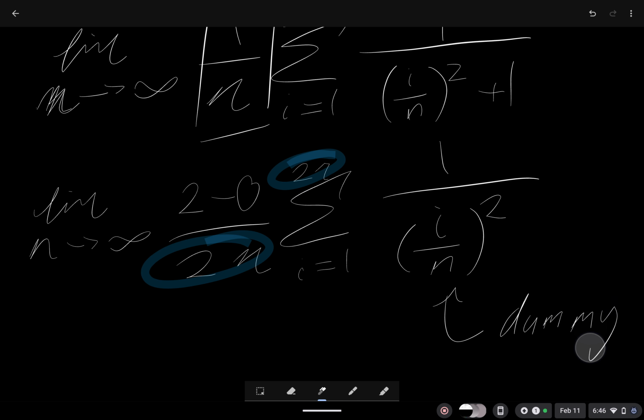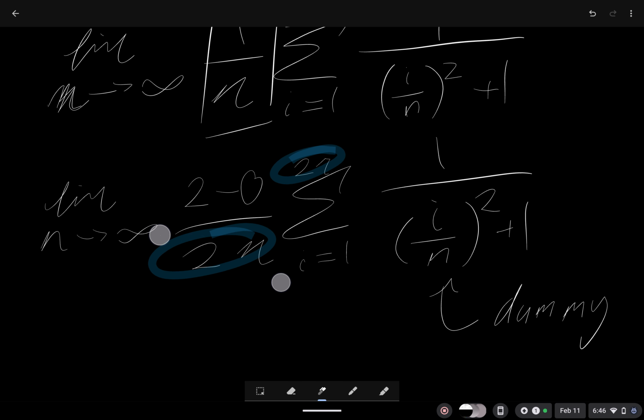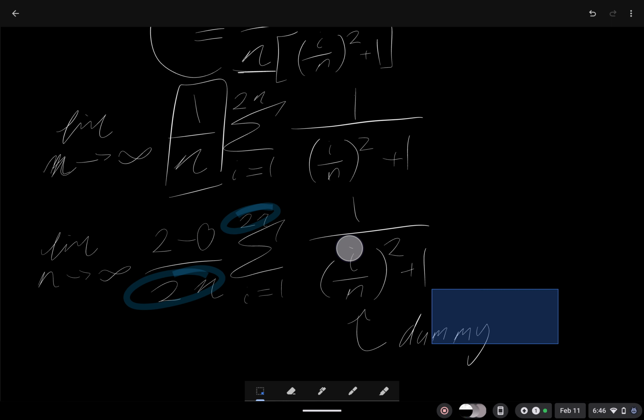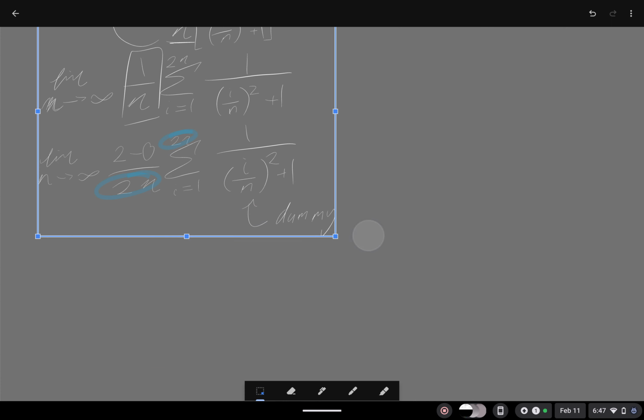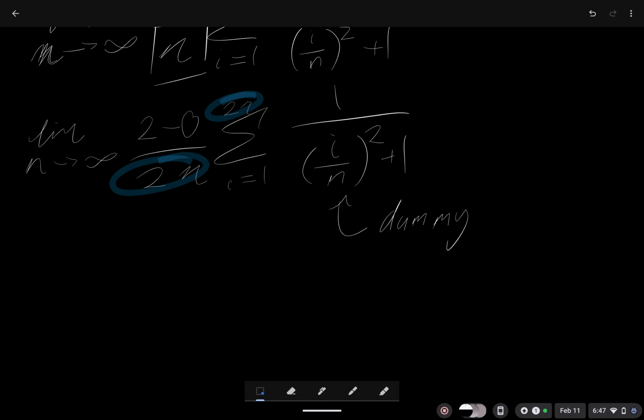This basically means that this is the term that is going to be substituted as x when we create an expression in terms of x for our integral. I'm starting to run out of space here, so I need to make this smaller. Okay. So again, the i over n is going to be substituted for x, so we can make a function of x for our integral.